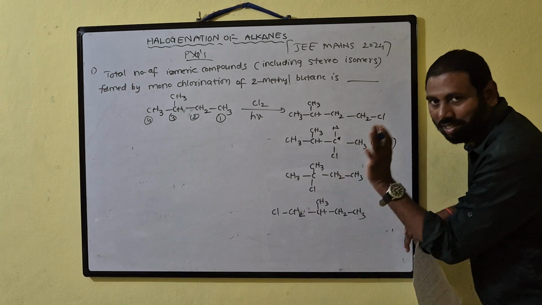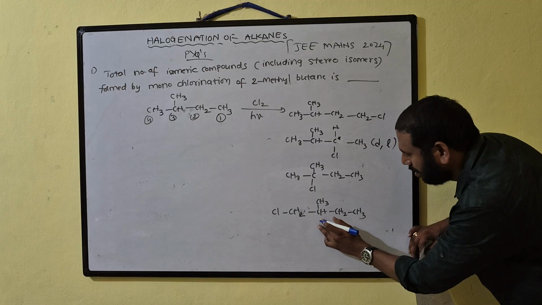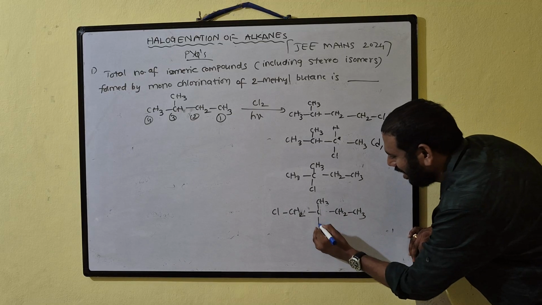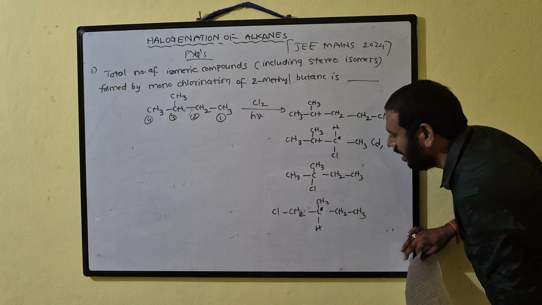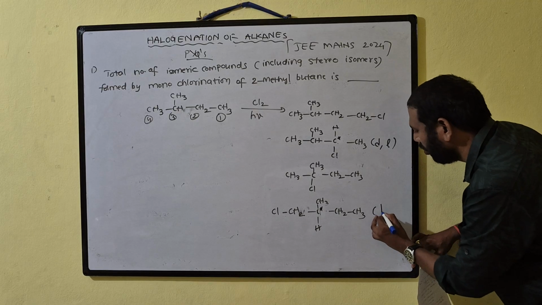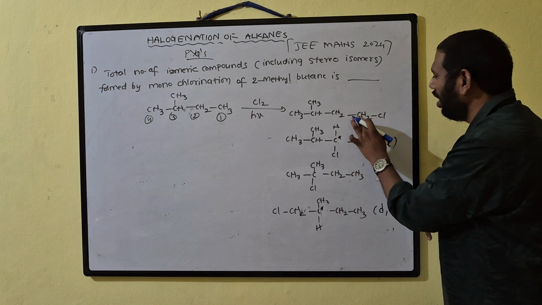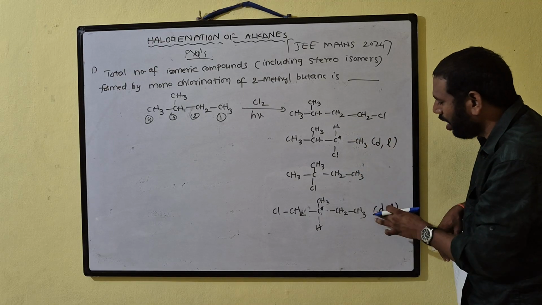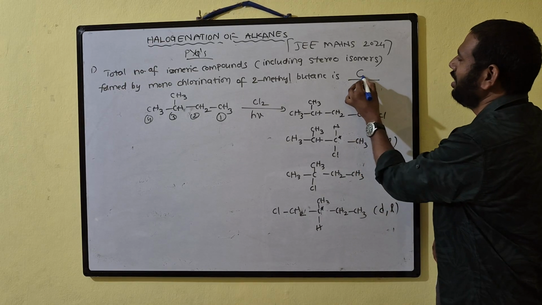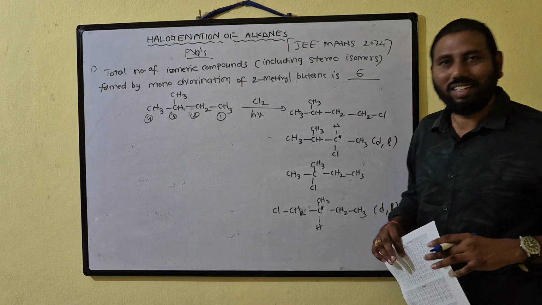Here there is no chiral carbon. Here it contains a chiral carbon, so it also can form dextro and levo forms. Total how many isomers? 1, 2, 3, 4, 5, 6. Total isomers 6. It is an excellent question, right?